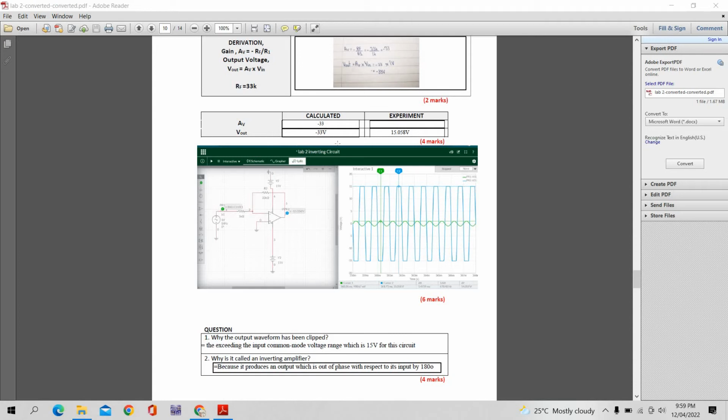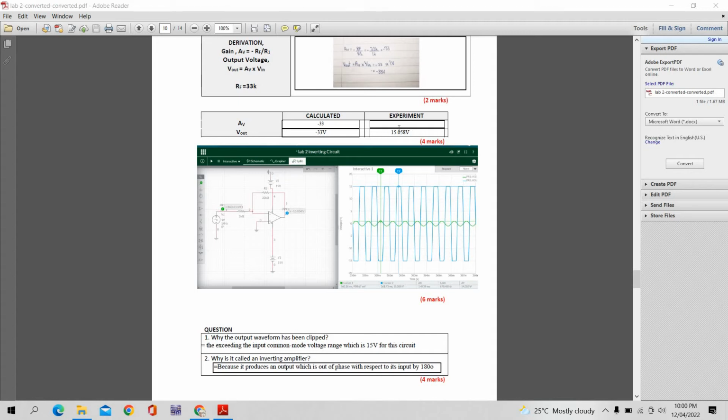Here we can see the output is clipped. It's because the output is exceeding the input common mode voltage range, which we can see here, the voltage range is 15 volt for this circuit.